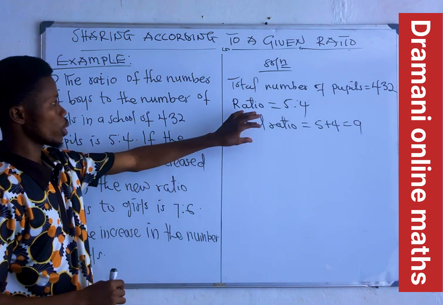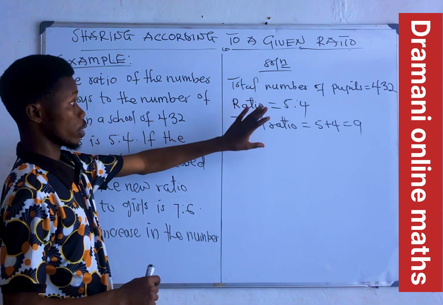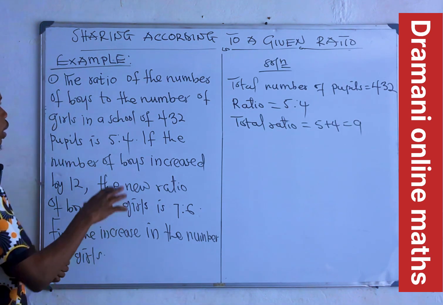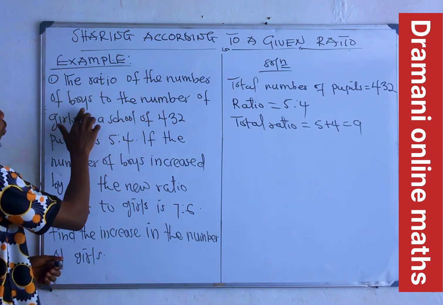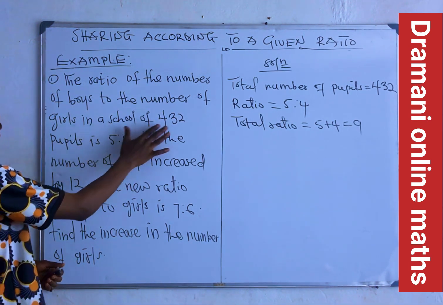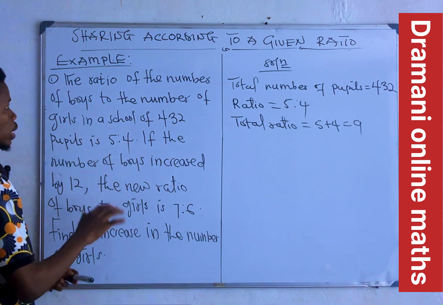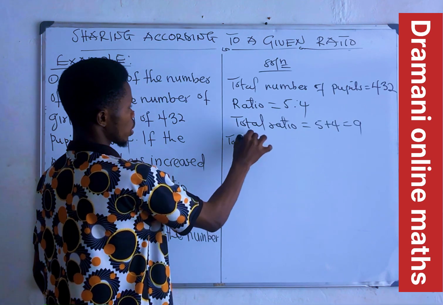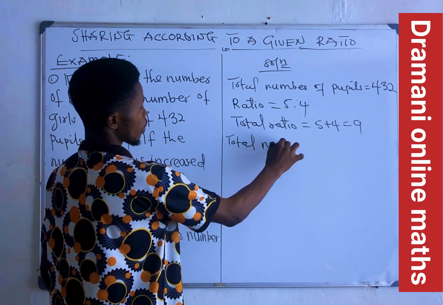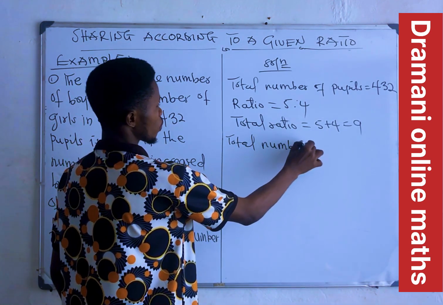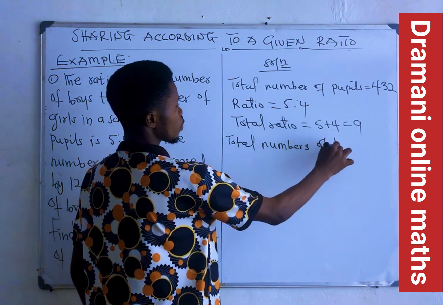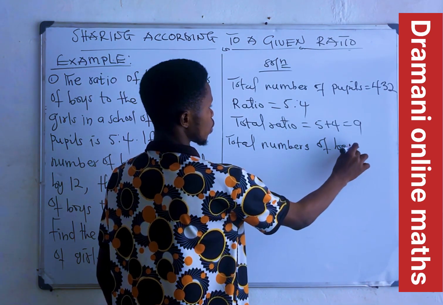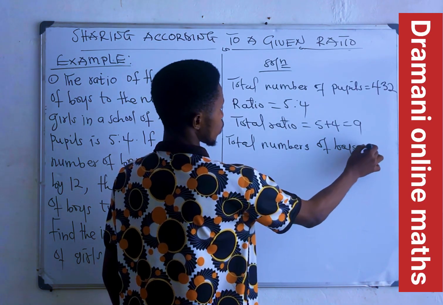So with this ratio, we can find the number of girls and the number of boys in the school. The ratio of the number of boys to the number of girls, the total is 432. So first, let's find the total number of boys now.